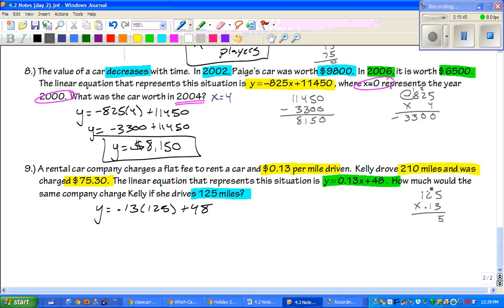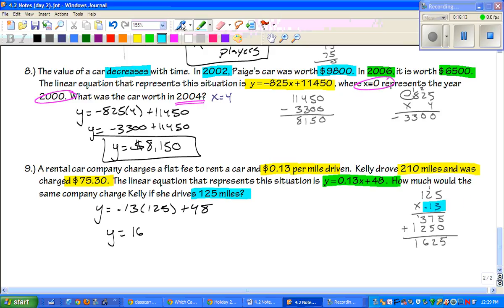Let's go ahead and do the multiplication. 3 times 5 is 15. 3 times 2 is 6, plus 1 is 7, and 3. Bring the 0 down for the place value. Multiply the 1 across, and then add up your numbers. 7 plus 5 is 12, 6. So we get y equals 16.25. Ooh, hold on, $1,625.